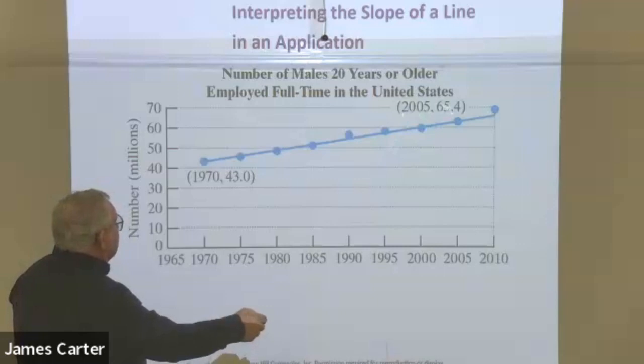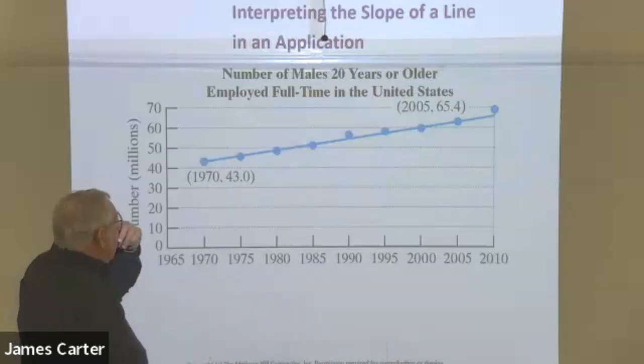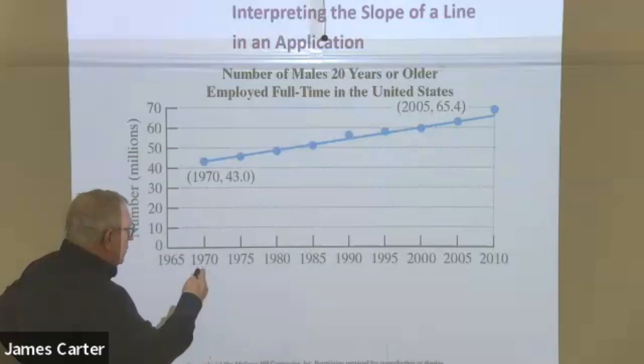So we can take this value and that value, and we can find the slope of the line.